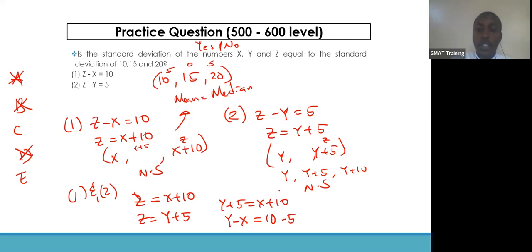As you can see, this is a sequence of multiples of 5, or if not multiples of 5, we have values with the distance between them being 5, 0, and 5 as in this set here, and therefore this is sufficient, since the set will always have the same standard deviation as 10, 15, and 20, and therefore E is out. C should be the answer for this question.